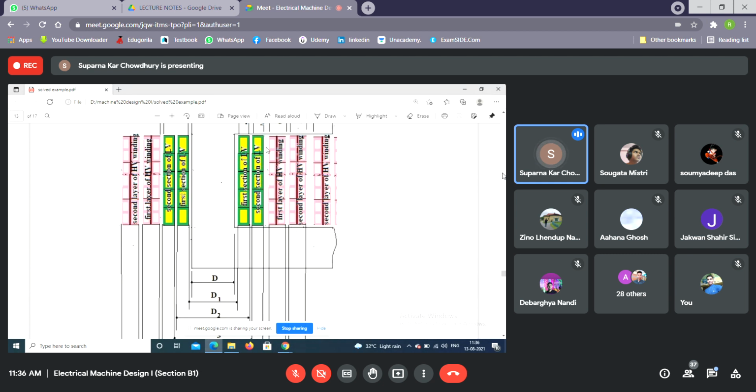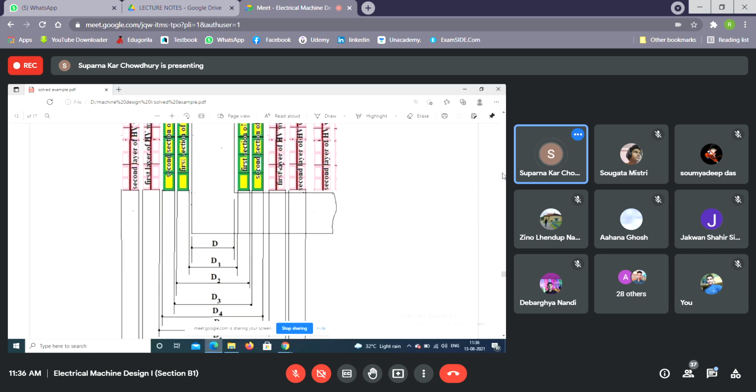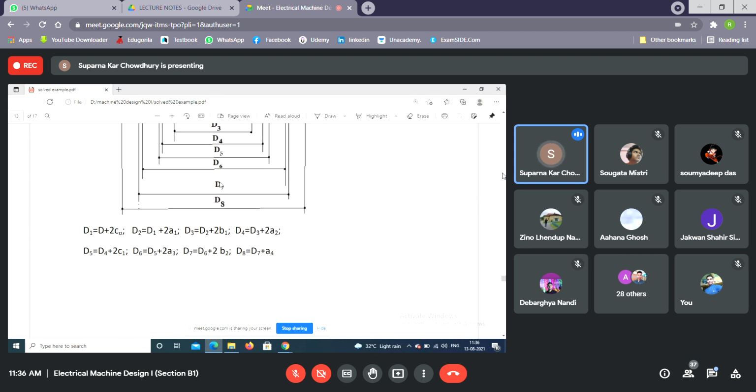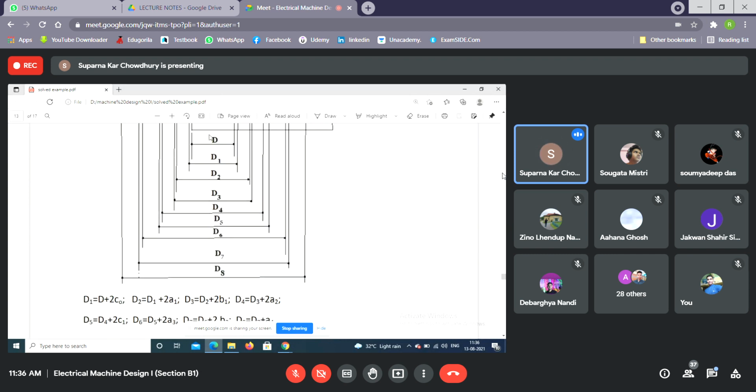Then there is a gap between LV and HV. This is also an oil duct, but the dimension will depend on the HV winding voltage. Then we have the HV winding, which is also arranged in two sections, but each section consists of 2 layers. Those are the corresponding diameters. So this D is the core circle diameter.